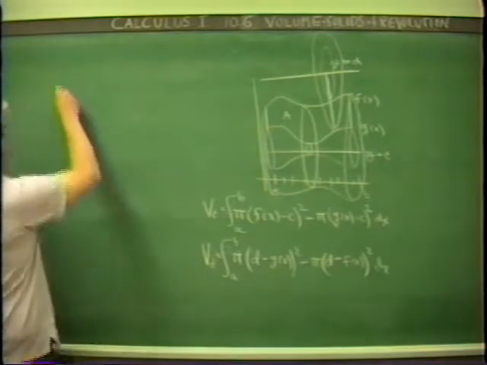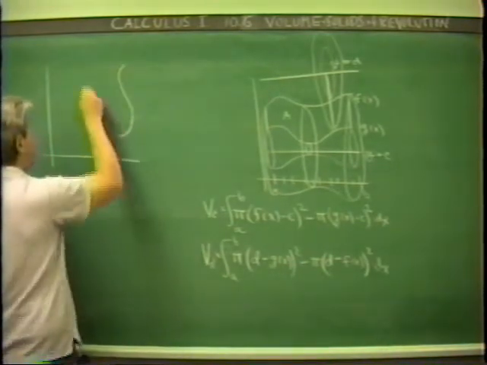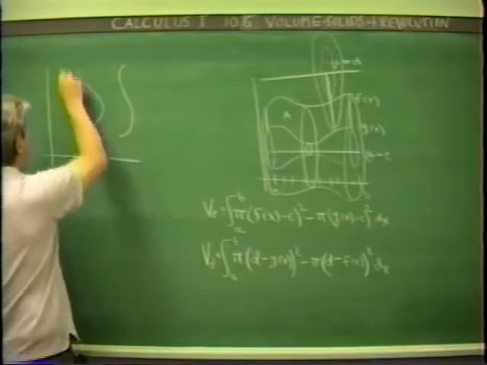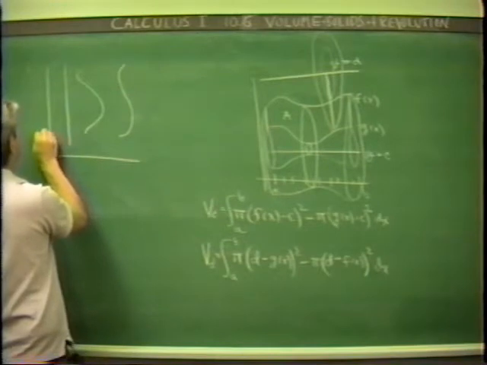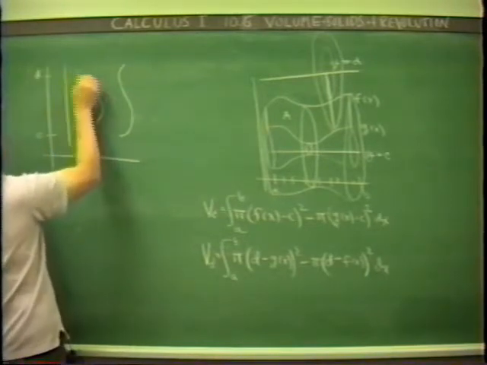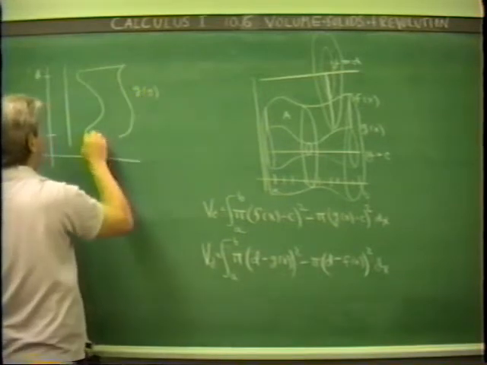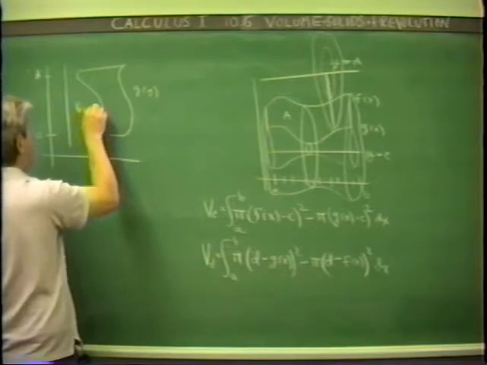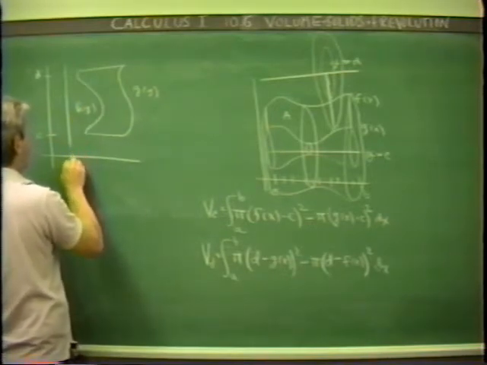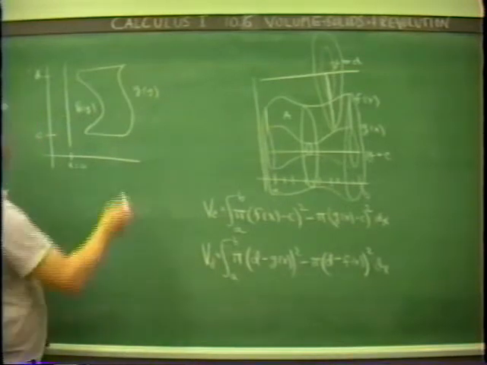Now there are some variations on this. One of them would consist of the following. If you had two functions and it was easier to describe them as functions of y, let's say between C and D, we had two functions, say g of y, the larger one, and h of y, the smaller one, and we wanted to revolve them around the line x equals a.